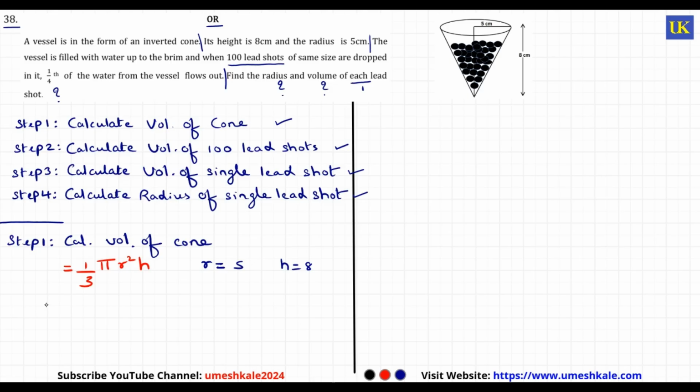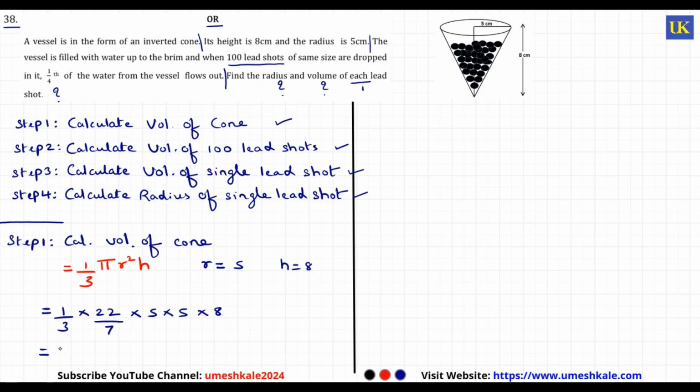Okay, so we'll input the values now. So 1 by 3 into, they have not given any value for pi, so by default we have to take 22 by 7. Radius is 5 and it is r square, so 2 times we'll write 5, into height is 8. Now, can we cancel anything? No, we cannot cancel anything here. So we will directly multiply and divide.